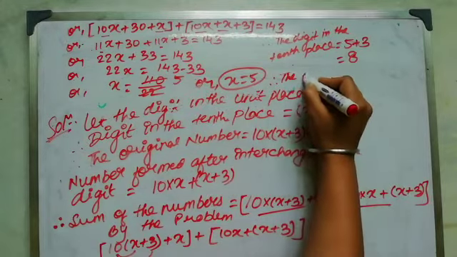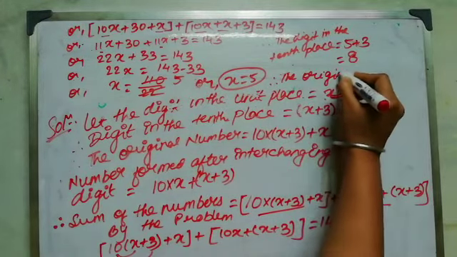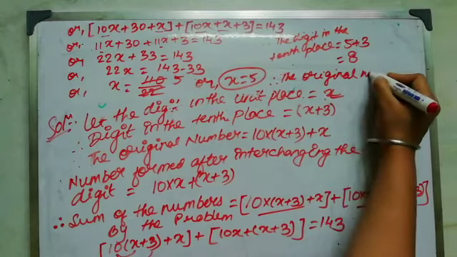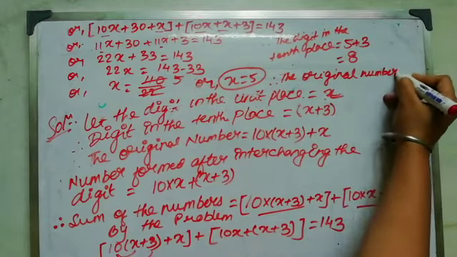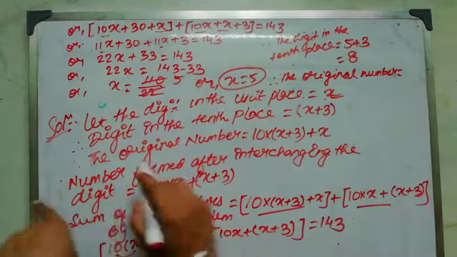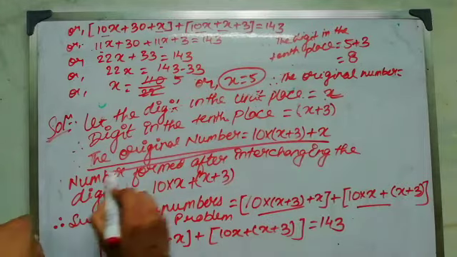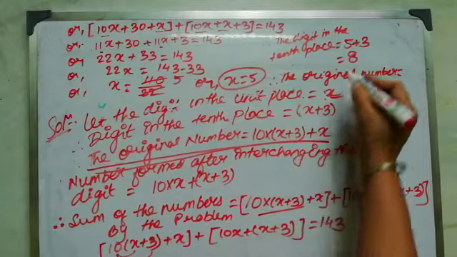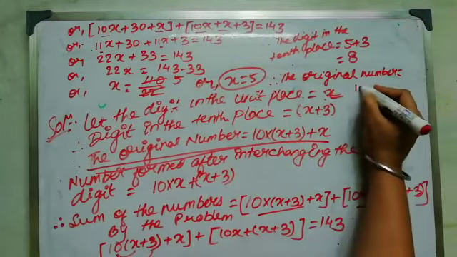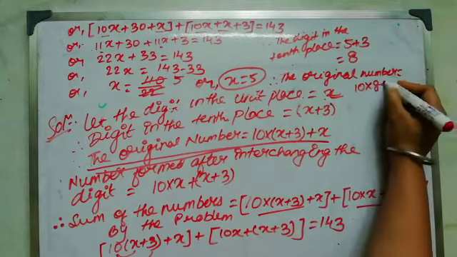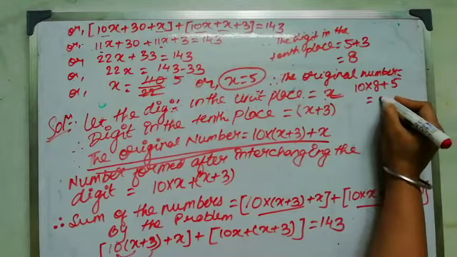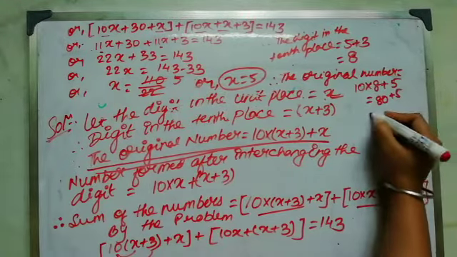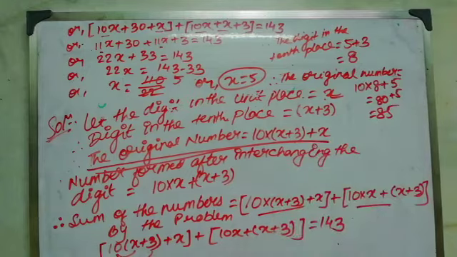The original number is 10 multiplied by 8 plus 5, which is 80 plus 5, which is 85.